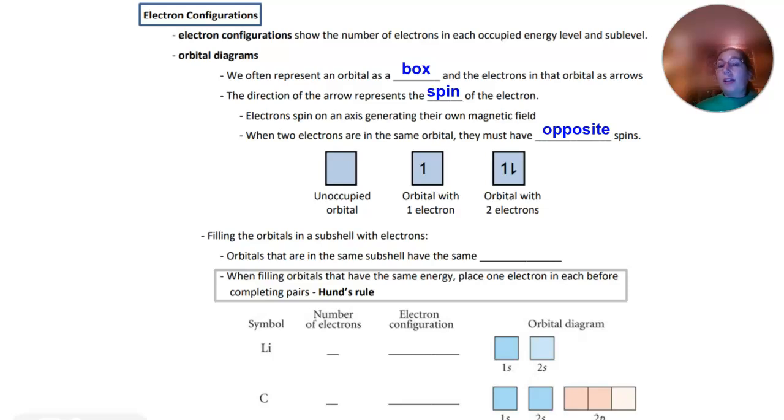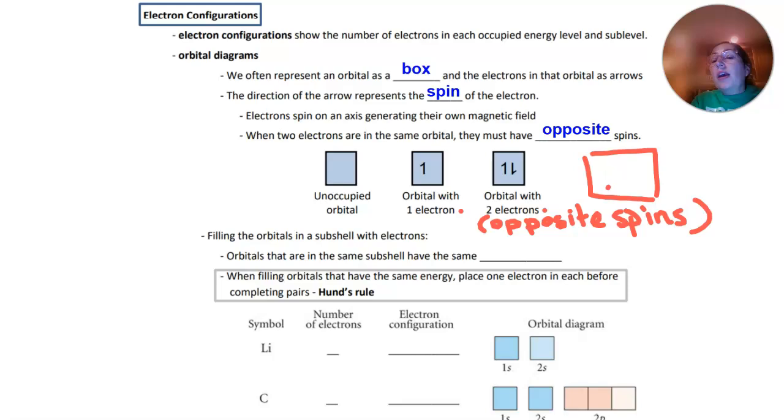So you can have an unoccupied orbital, you might have an orbital with one electron, you might have an orbital with two electrons, as long as they have opposite spins. What can't you have then? You can't ever have an orbital with 3 electrons because these 2 electrons that are pointed up would have the same spin, and so you can't do that.